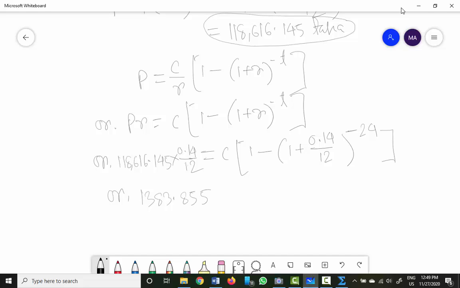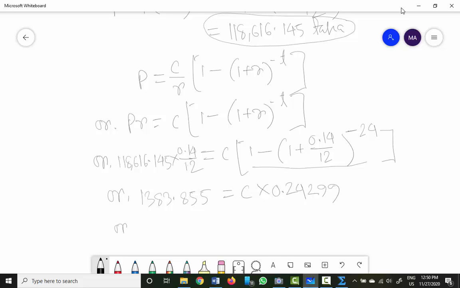So multiplied by 0.14 divided by 12, P into R, right? So let us calculate this one. Multiplied by 0.14 divided by 12, here we will get 1383.855, and here we will get C multiplied by 1 minus bracket 1 plus 0.14 divided by 12, bracket closes, power minus 24. So that will be 0.24299, right?